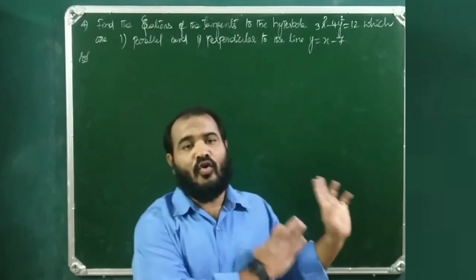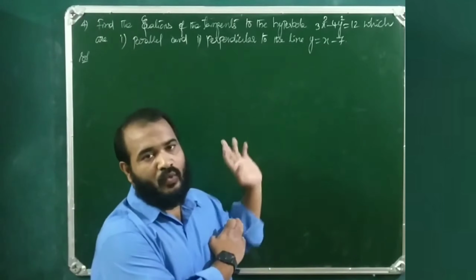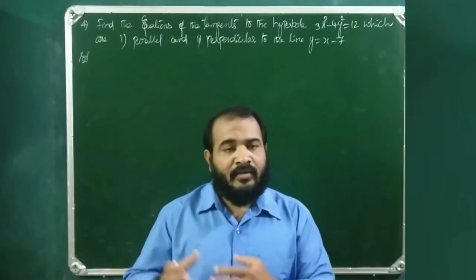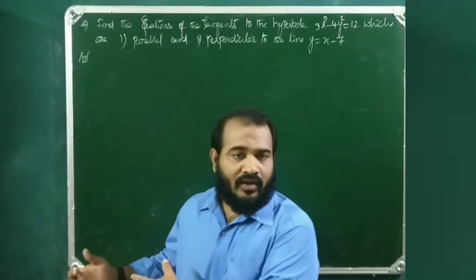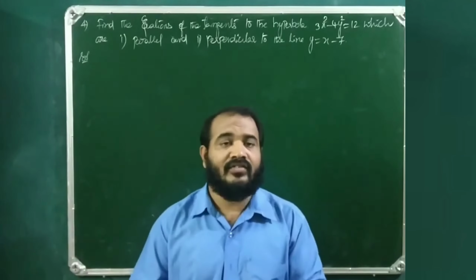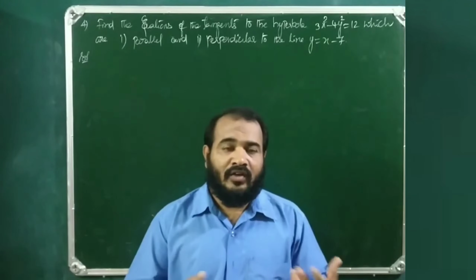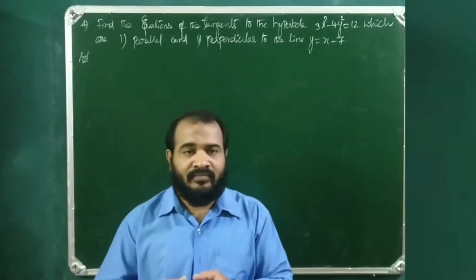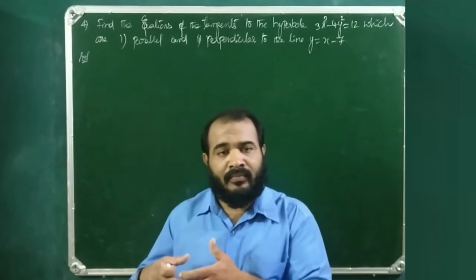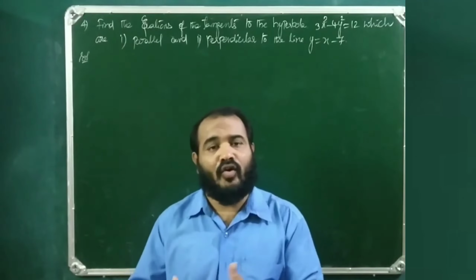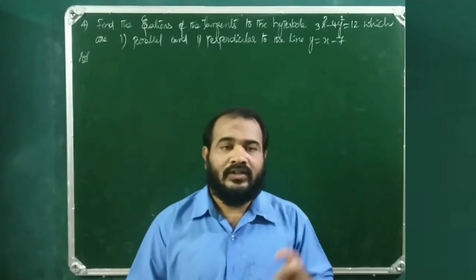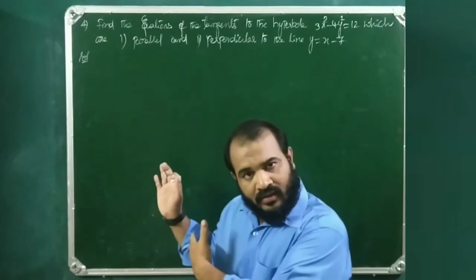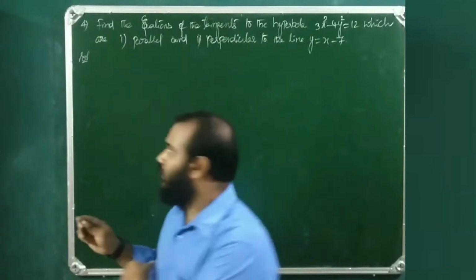But here no point is mentioned in the question; he is giving a line, and parallel and perpendicular is what he has mentioned, and in some more problems he will give us the inclination. What is related to parallel, perpendicular or inclination? That is slope. So let us take the slope form of the tangent for solving this kind of problems.